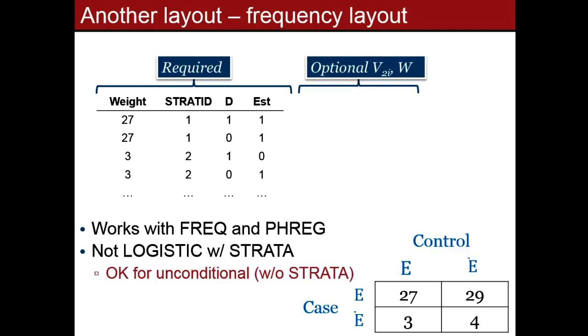So that code that I showed earlier about making a respondent level data set is really important for doing the conditional model. Logistic itself has a weight statement, which lets you put in something like there's 27 like this and 3 like that, but it will die if you put that in with strata. It's just going to give you an error message.